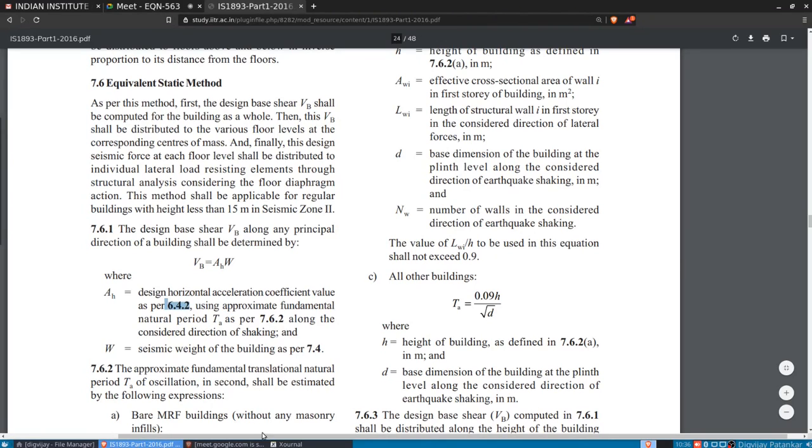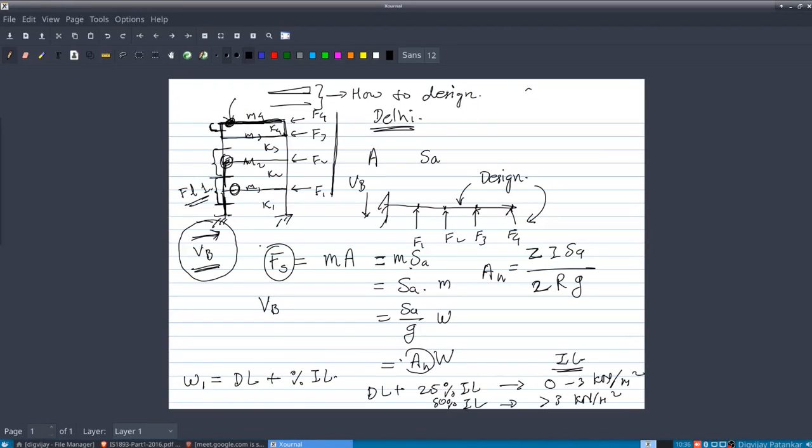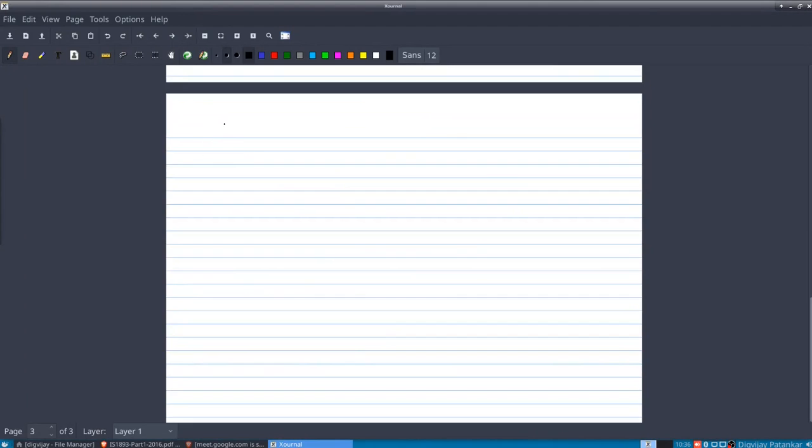So now let us look at how exactly this entire thing can be executed for a structure like this. Let us see, we have a structure like this, a multi-story regular frame.